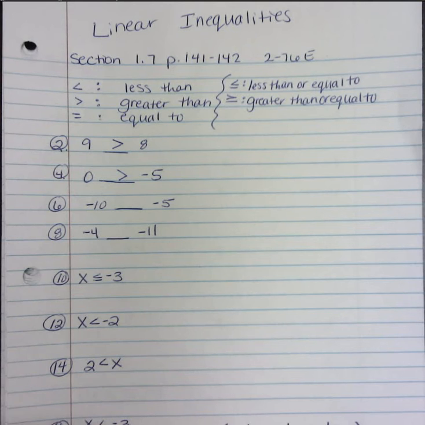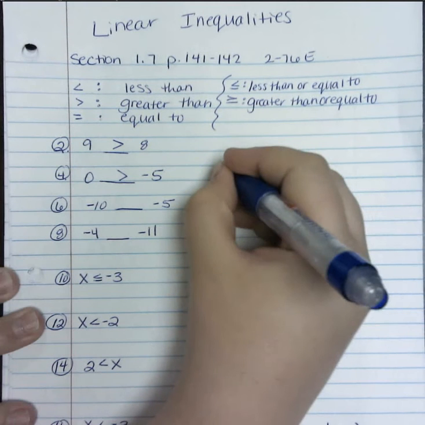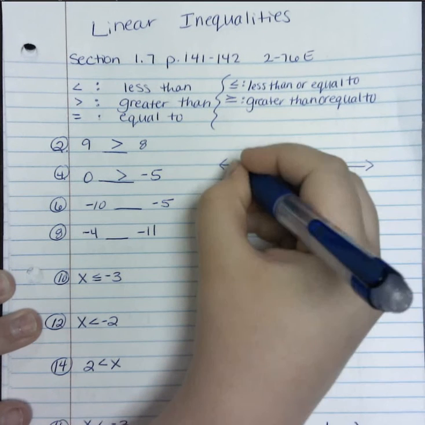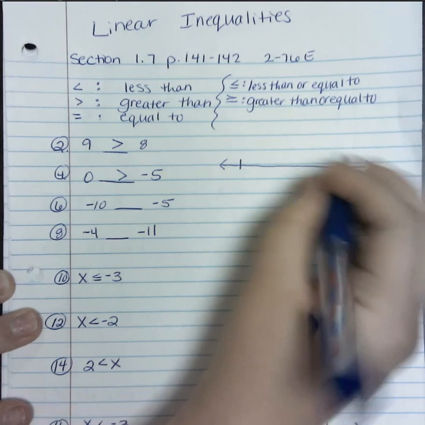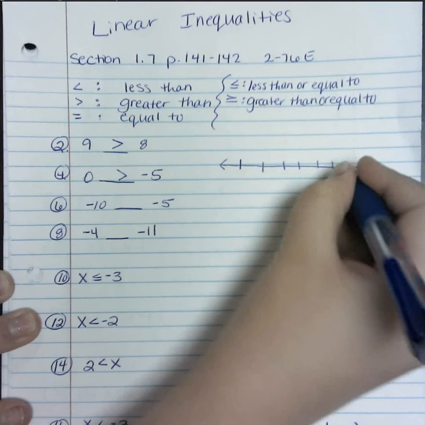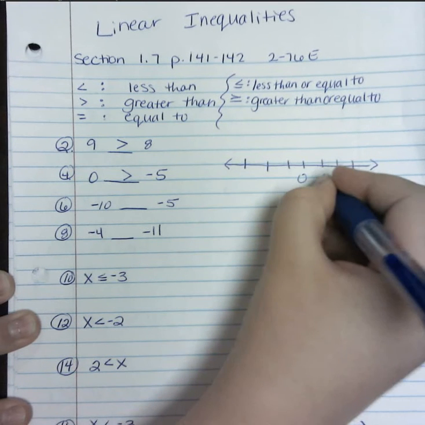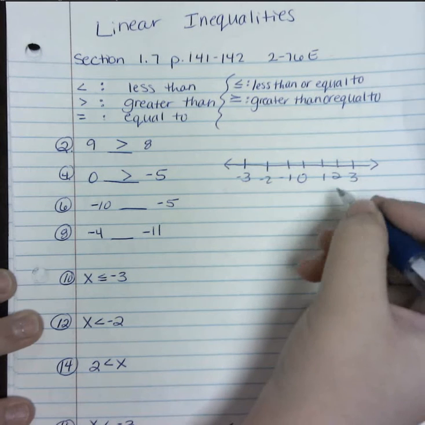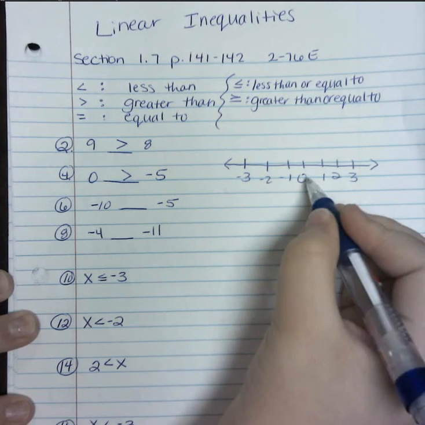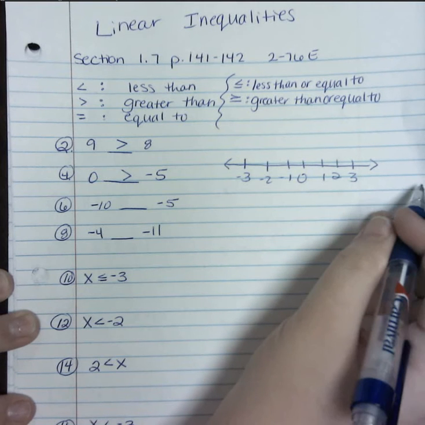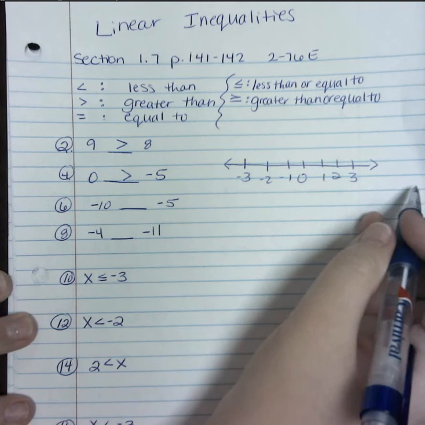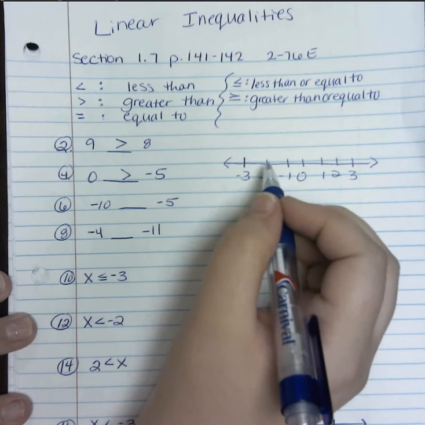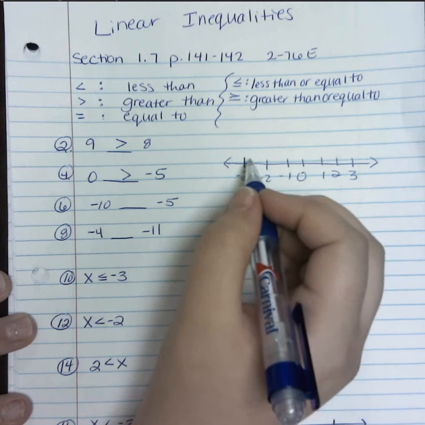Okay, now looking at problem number 6, we have -10 and -5. If you think about this on the number line, you'll see that you have a number line like this. As you go to the right, your numbers get larger and they're positive. As you go to the left of 0, notice your numbers are negative and they get smaller.